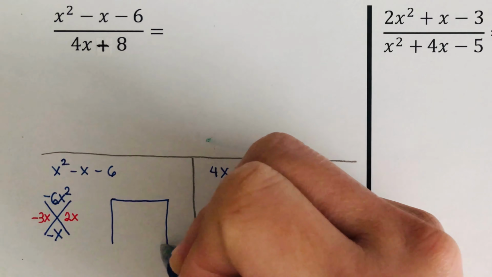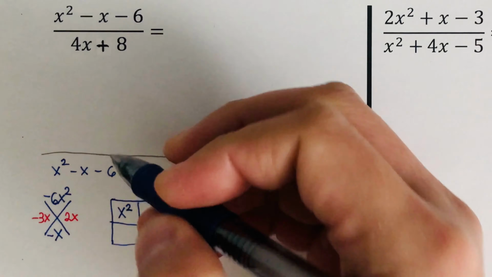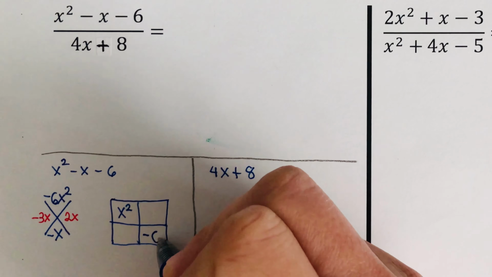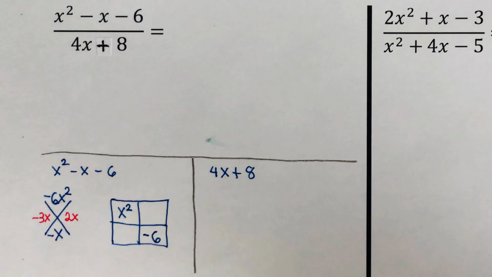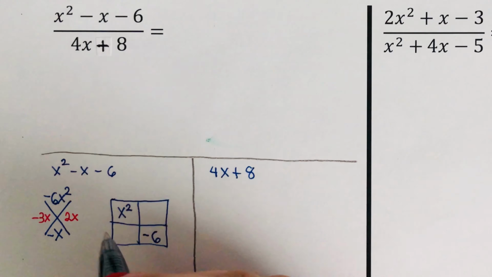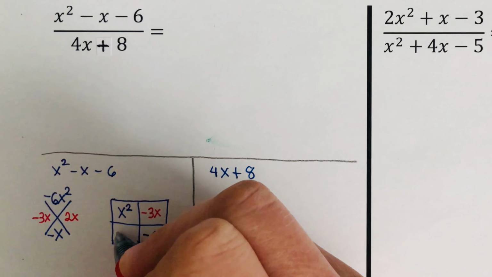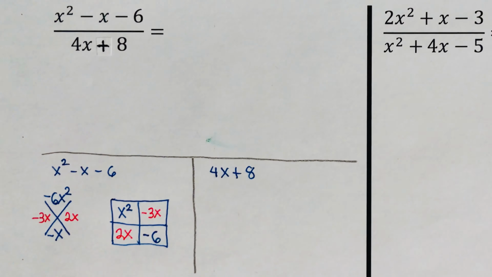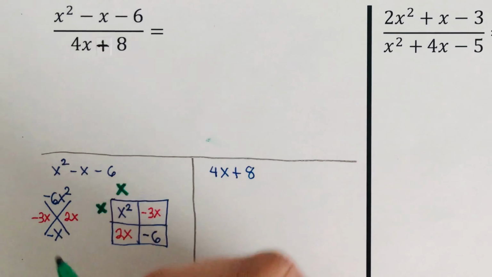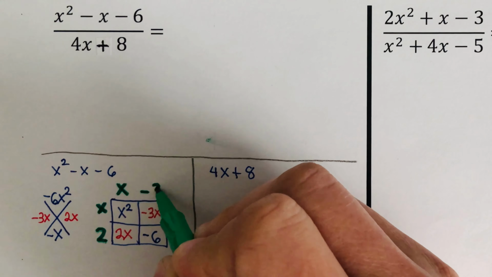We can go ahead and write first, the first term is going to go here, x squared, and then the last term is going to go down here, that's a negative 6. These two factors that we got from the diamond can be placed anywhere on these two boxes right here, so I'm just going to write the negative 3x here and then the positive 2x. Then we can go ahead and write the factors. That would be x, and then this would be 2 right here, and then we have a negative 3.